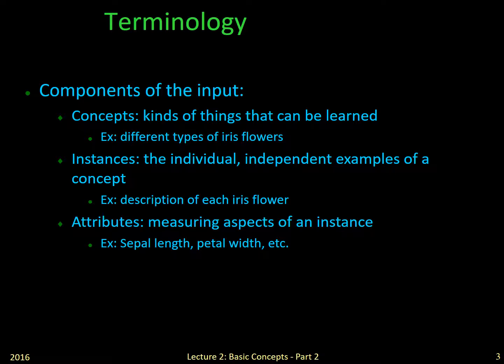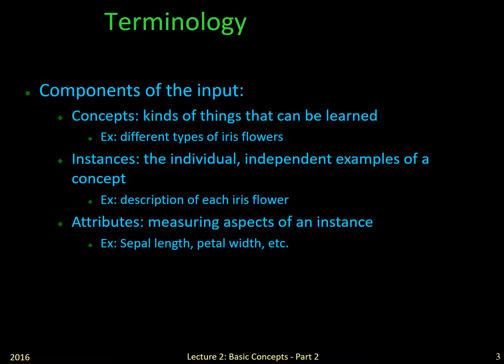The instances are the individual, independent examples of a concept. So basically, in our case, it's the description of each iris flower. The attributes measure the different aspects of an instance. So the attributes are sepal length, petal width, and so on.